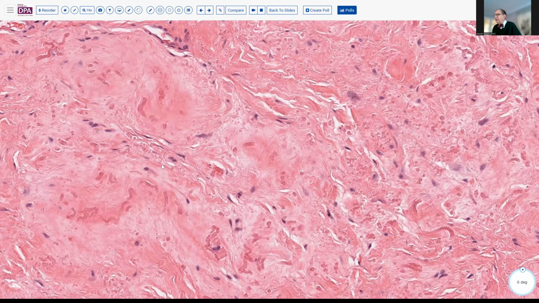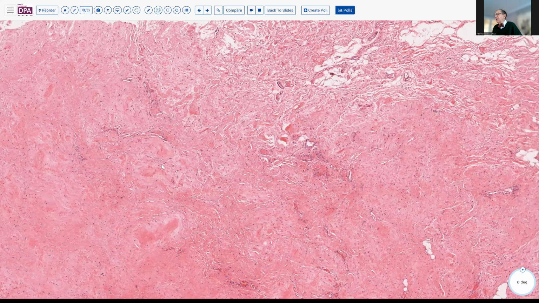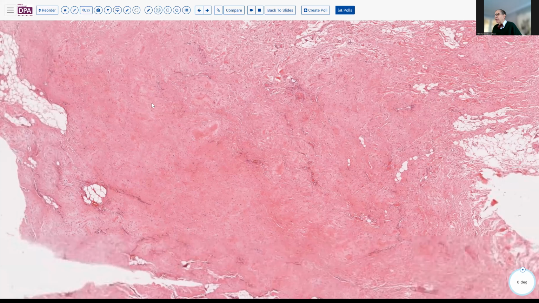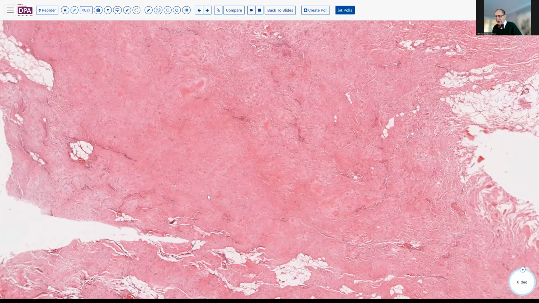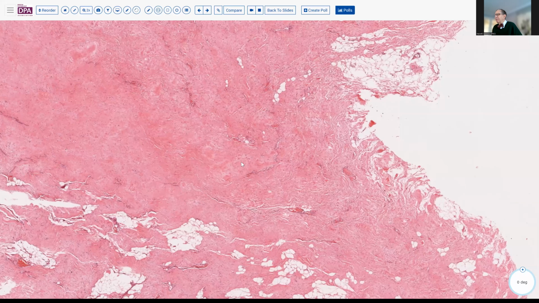This is an interesting lesion because it's relatively unique to this location. The subscapular back area seems to be the only area where we find this particular lesion. It's usually in adults and so forth, and not a diagnostic problem usually, other than just being aware that this is a lesion that occurs here.